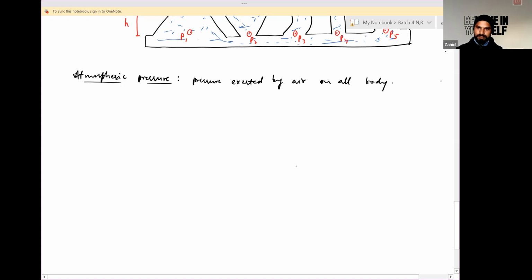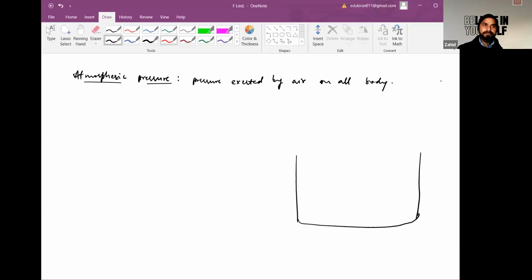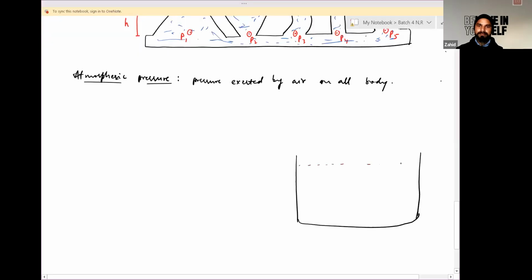For this, mercury is taken into a bath or a large container, like this. This is mercury.